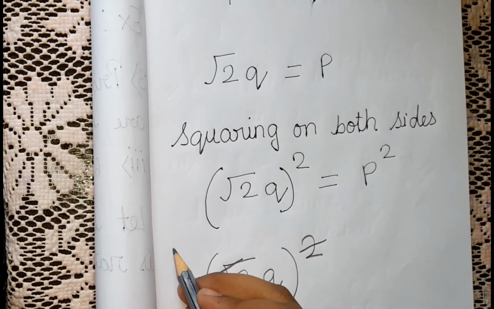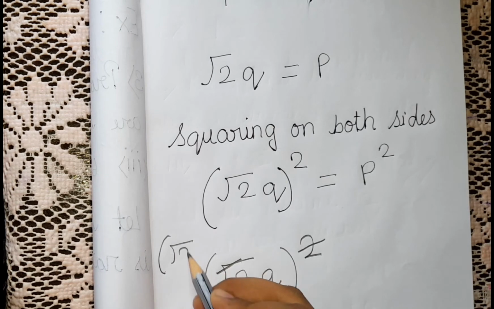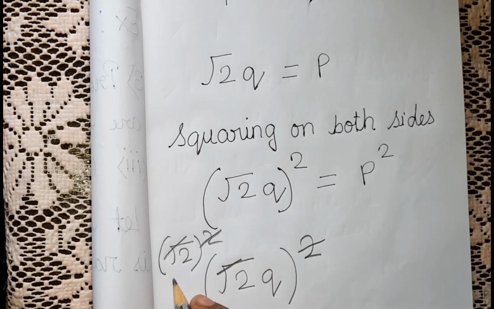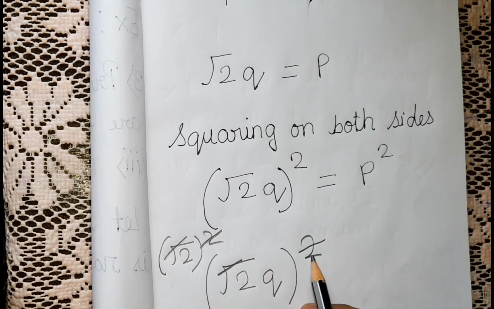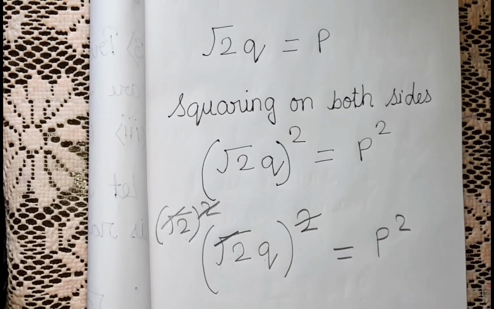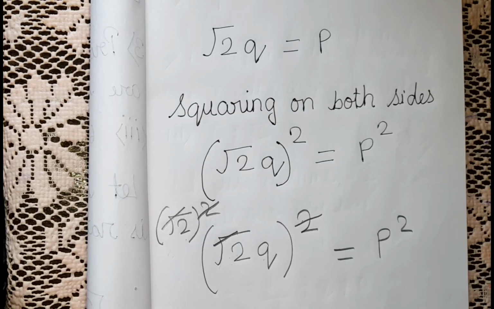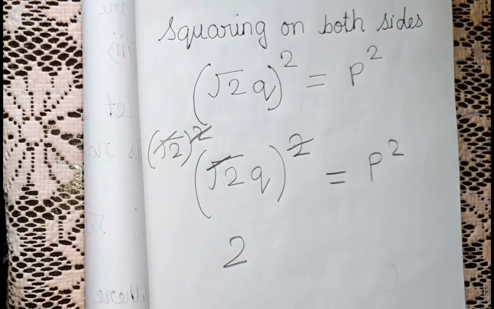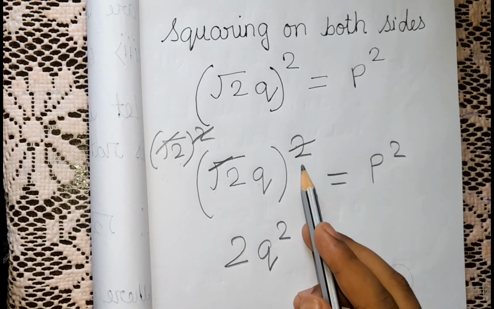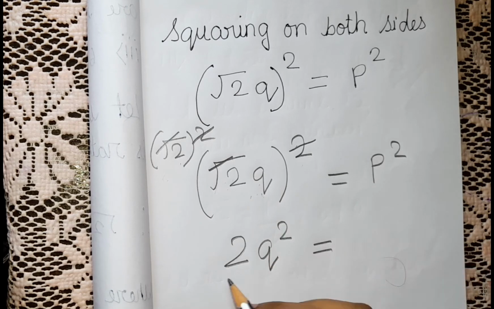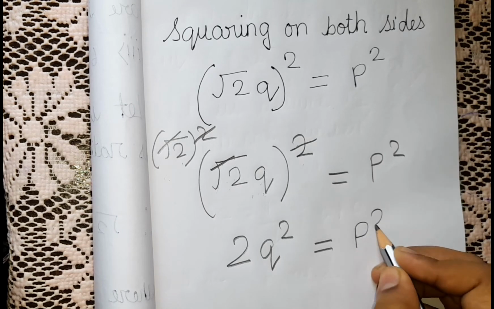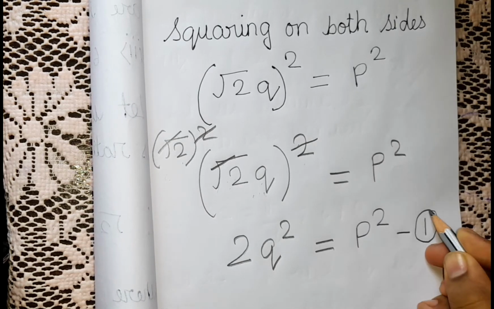For example, it is root 2 square, so I cancel the square and I cancel this root. That means it is 2. But one more 2 is there: 2 q square is equal to p square, because the one square belongs to q as well. So it is 2q square is equal to p square. This is equation 1.